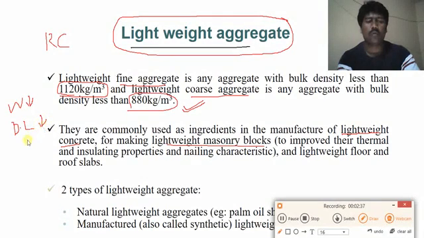When the dead load decreases, the amount of concrete in that structure is less, hence the cost of the structure is decreasing. So at the end, we are reducing the cost of a structure with the help of lightweight aggregates.